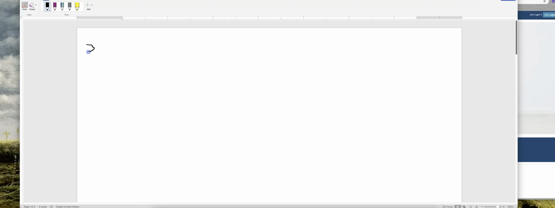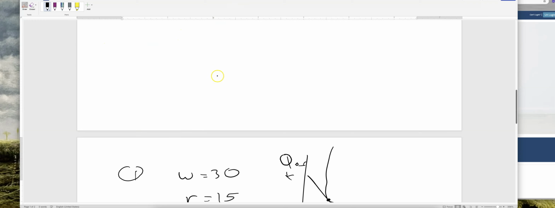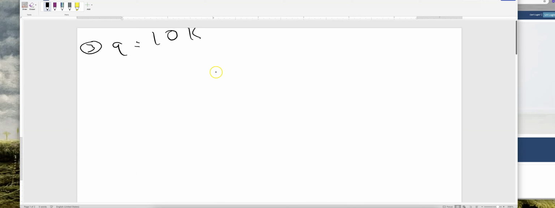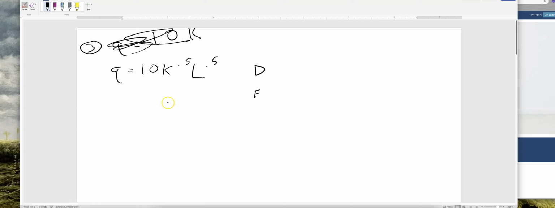Okay, let's start this. Number three. So I have Q equals 10K to the 0.5 L to the 0.5 for company disk, and that for company floppy.